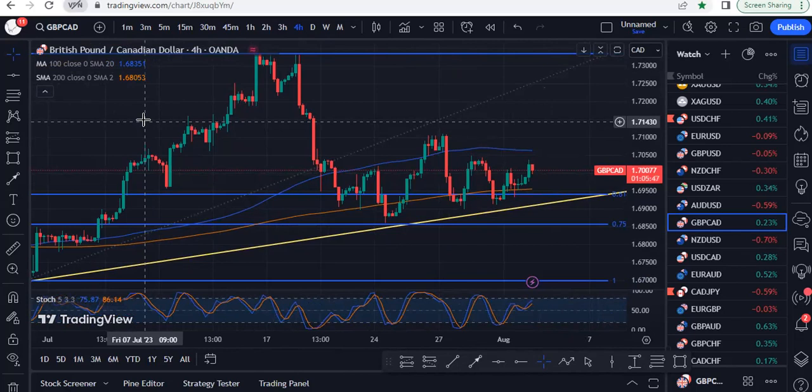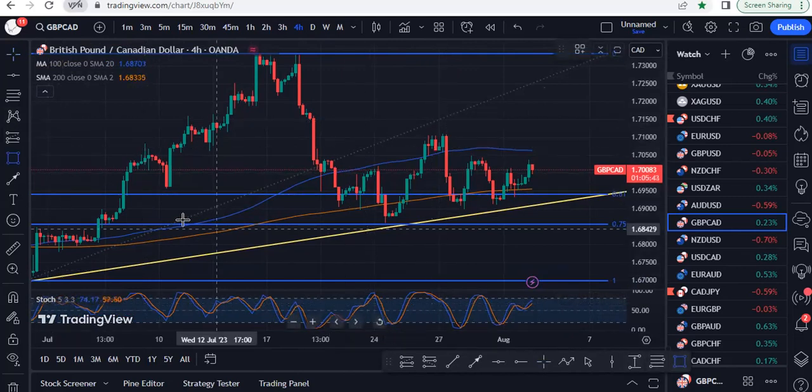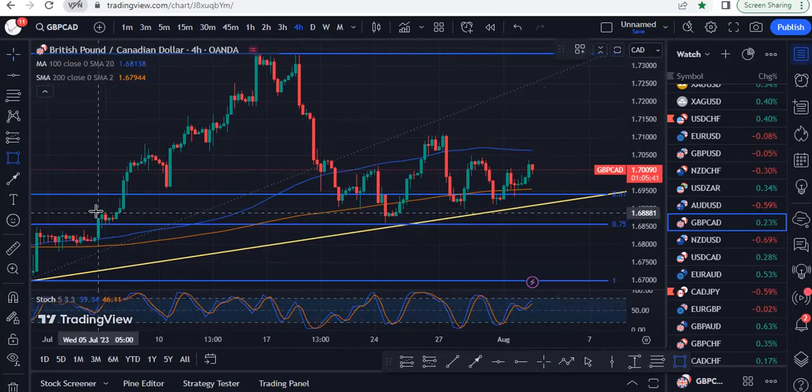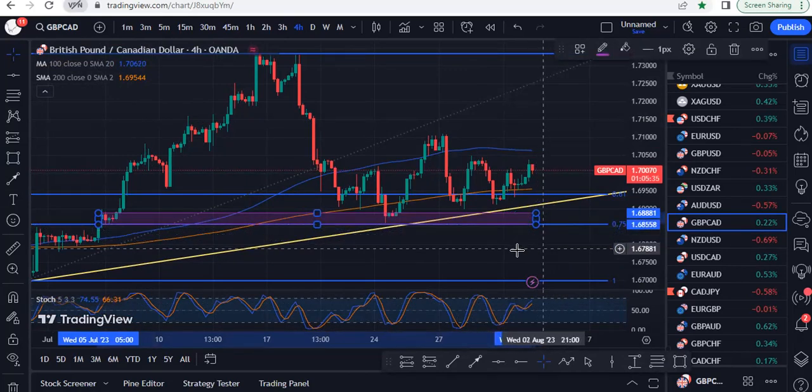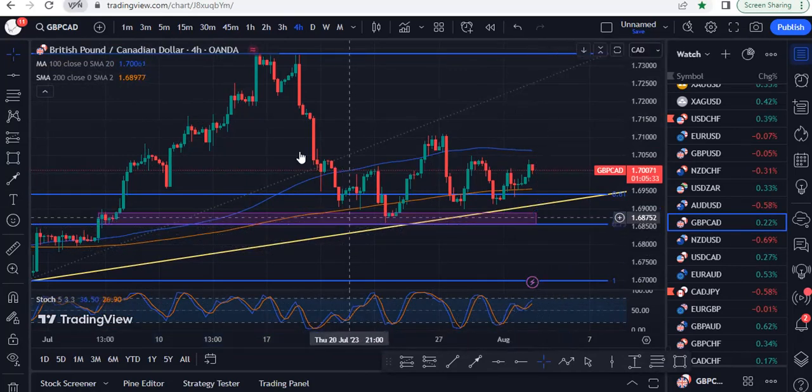Okay, this is our order block. I will mark that. This is our OB inside the golden zone. As you see, the market went down and here it didn't touch the order block.